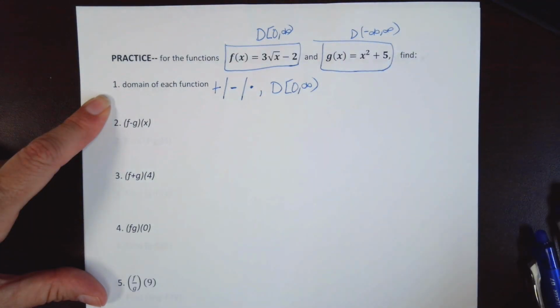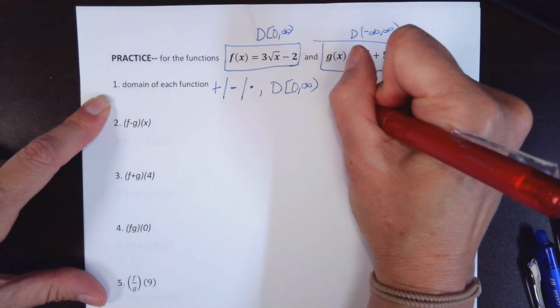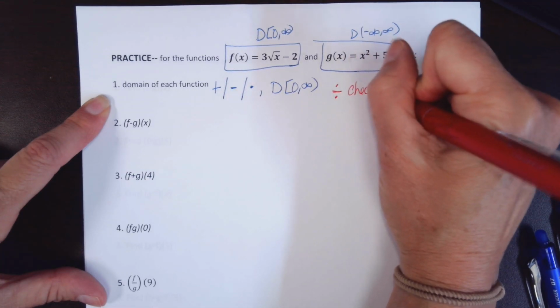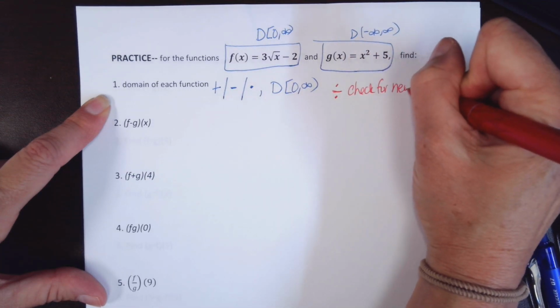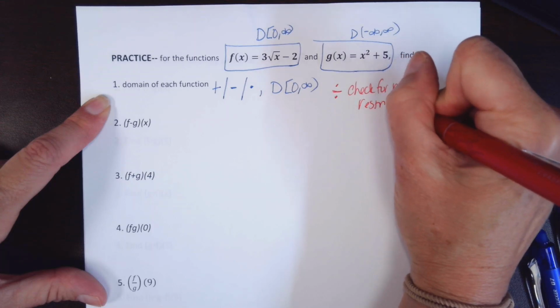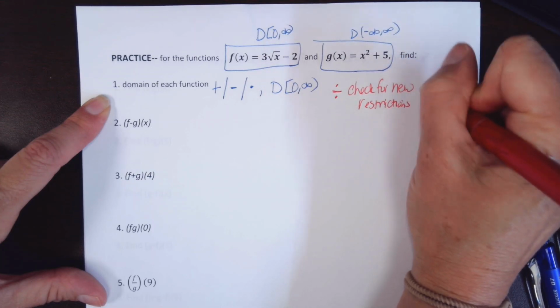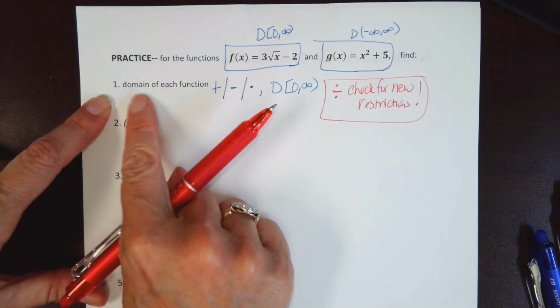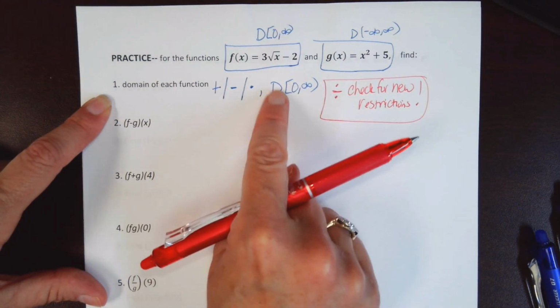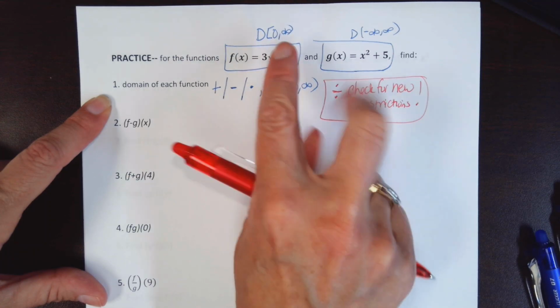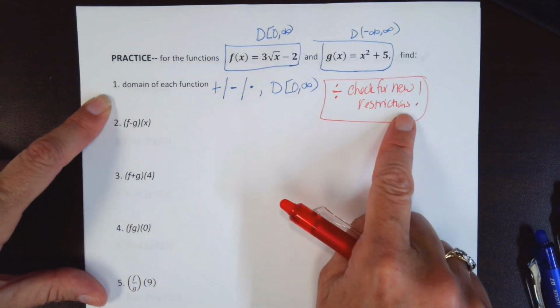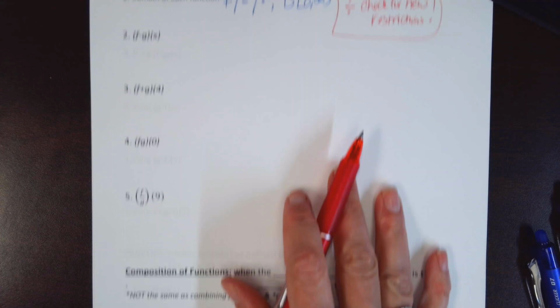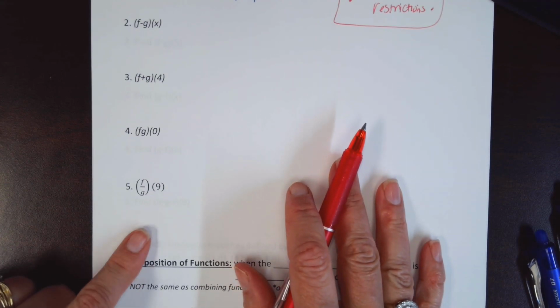If I need to divide, I have to check for new restrictions. It's going to depend on which function goes to the denominator. So for add, subtract, multiply, it's going to be the restriction on the domain of the original. But if I need to divide, I've got to look for new restrictions. So on number 5, we'll have to think about new restrictions.